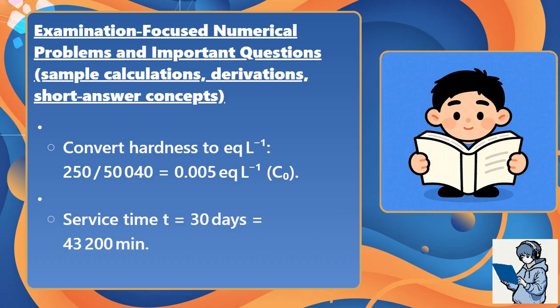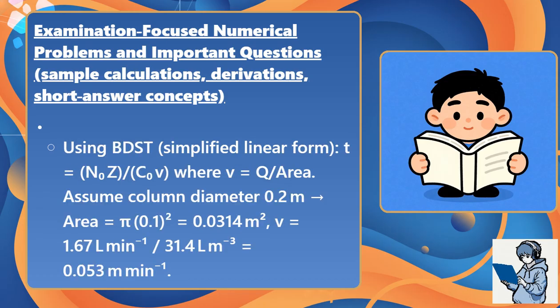Service time T equals 30 days equals 43,200 minutes. Using the BDST simplified linear form, T equals N0 times Z divided by C0 times V, where V equals Q divided by area. Assume column diameter 0.2 meters. Area equals pi times 0.1 squared equals 0.0314 square meters. V equals 1.67 liters per minute divided by 31.4 liters per cubic meter equals 0.053 meters per minute.